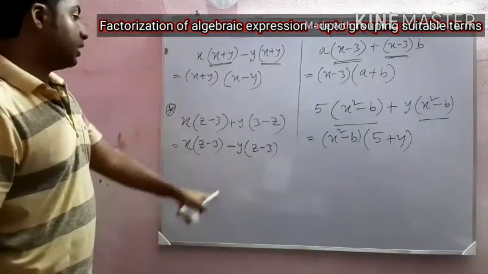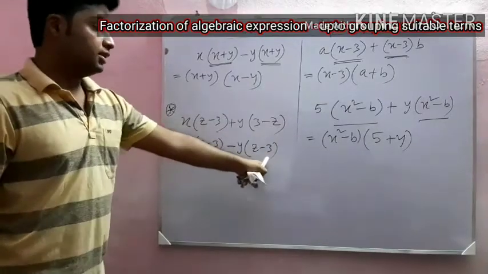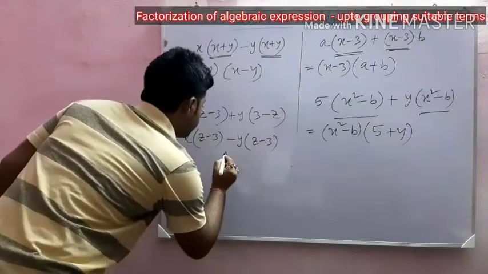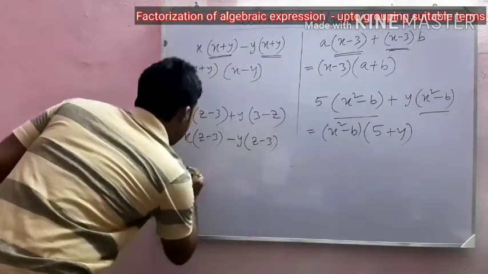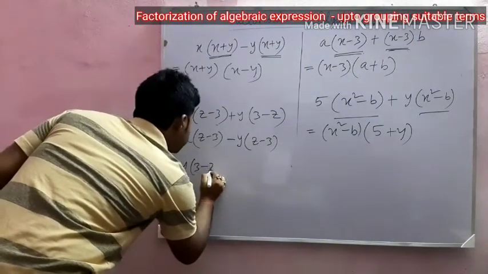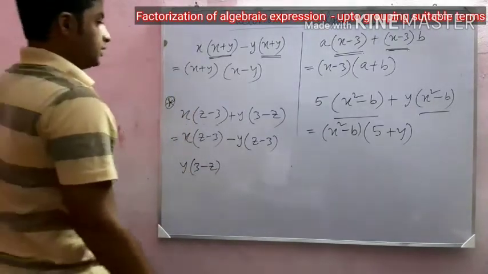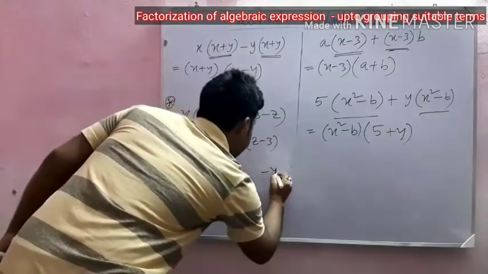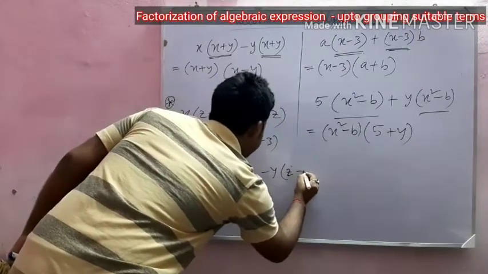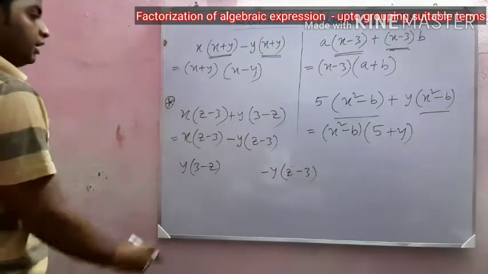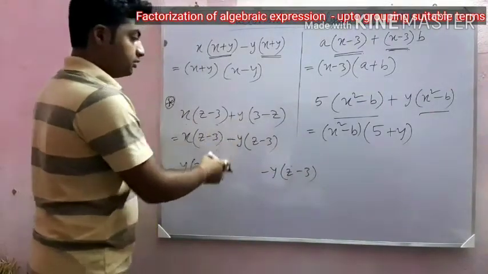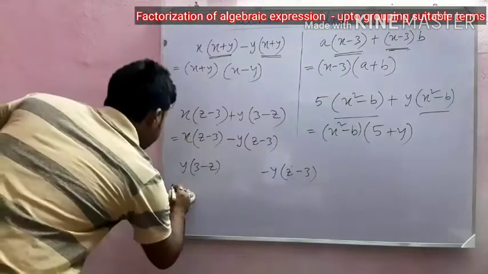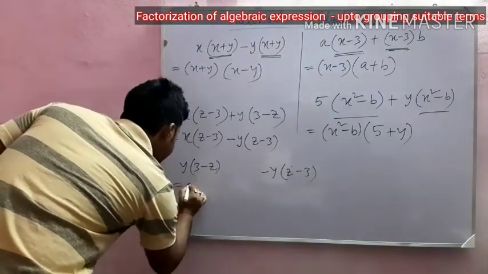Now I am going to explain how this term becomes this term. Okay, see attentively. Is the term y into 3 minus z actually equal to this term, y into minus of z minus 3? I am going to show you whether they are actually equal. This is 3y.